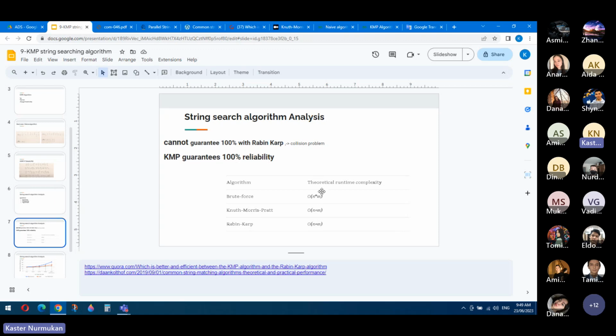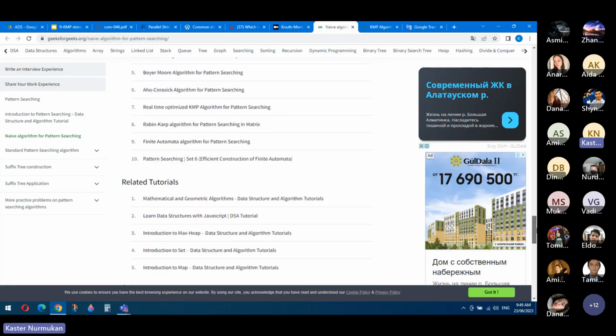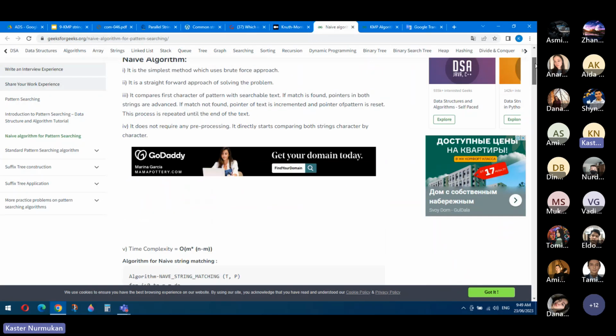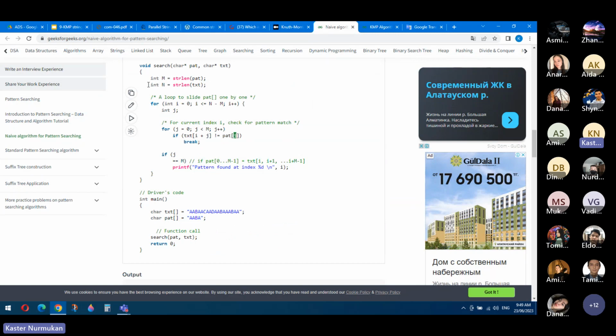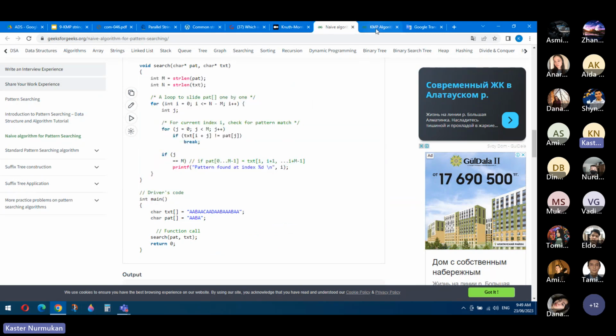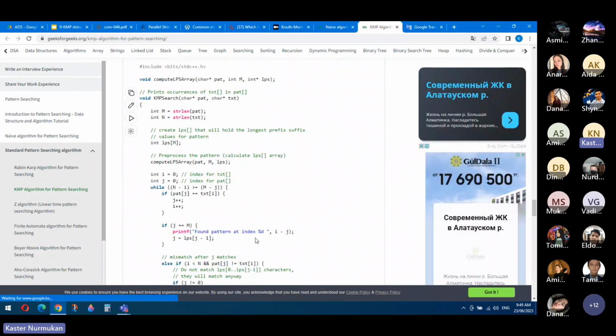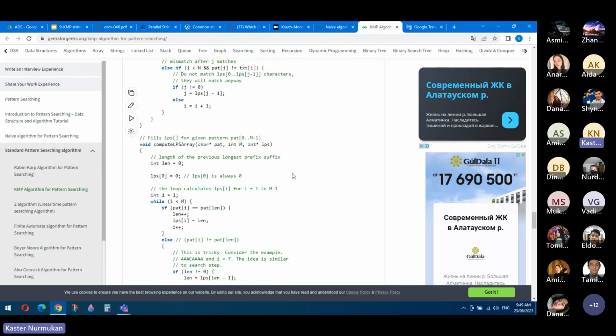If you're interested in how to implement it, there are several code examples you can run, not only brute force but the naive algorithm as well. For example, you can run the naive algorithm, then compare with KMP. You can increase the data set, then you will be able to understand which one is better.